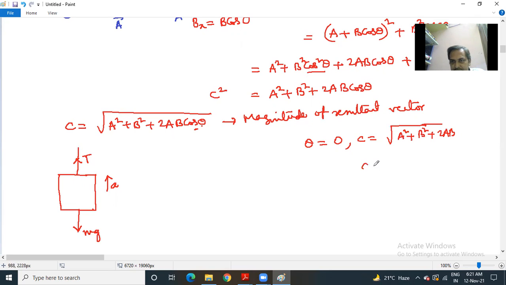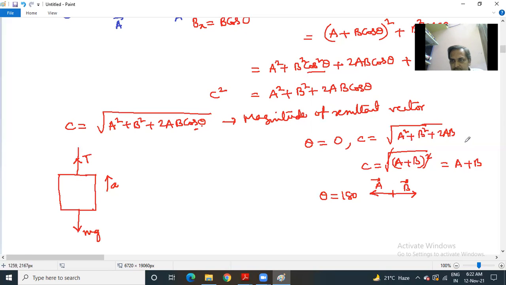So C equals root of A plus B whole square; square and root cancel, and you get A plus B. So these are similar vectors. Next, suppose theta is 180. That means A and B are opposite: A moves like this, B moves like this.